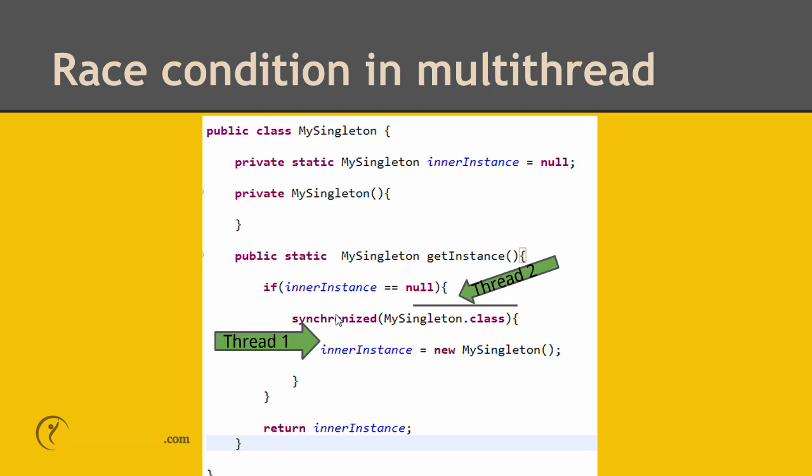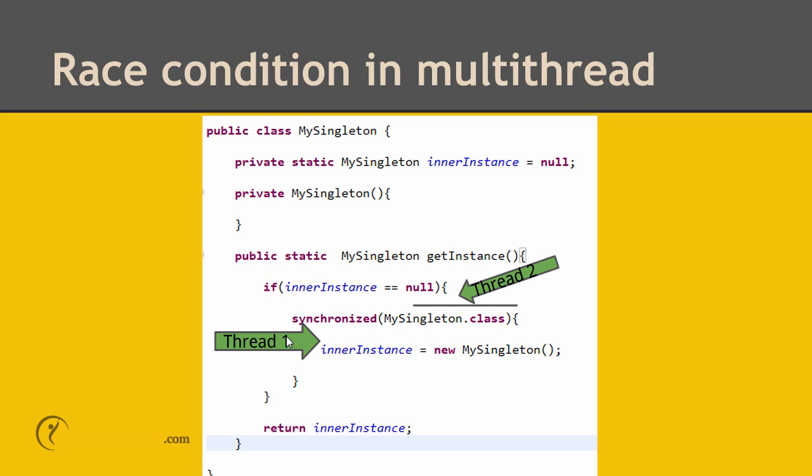It seems like we resolved the problem, but we created another problem. Both threads may step into this lazy initialization block because there is no synchronization outside, so both of them are just before the synchronized block. Let's say thread 1 steps into the synchronized block, so thread 2 is waiting for the lock which is on the mySingleton class definition.